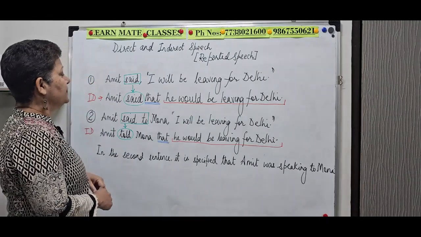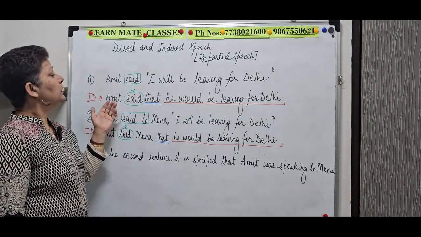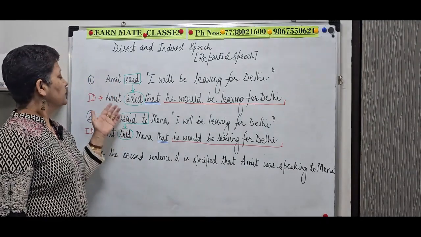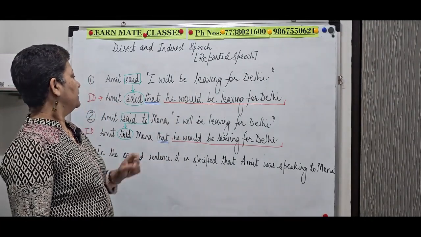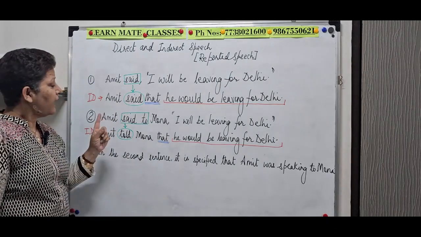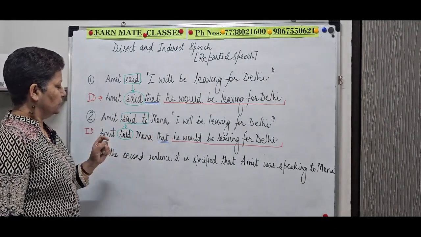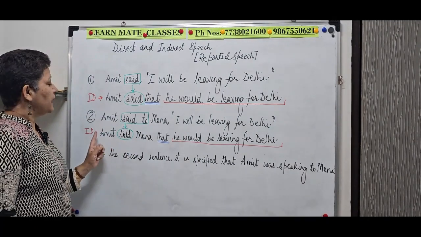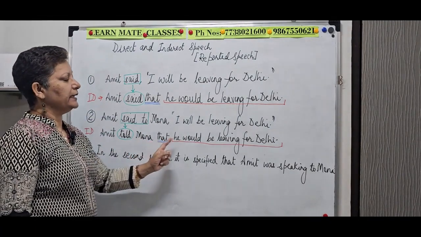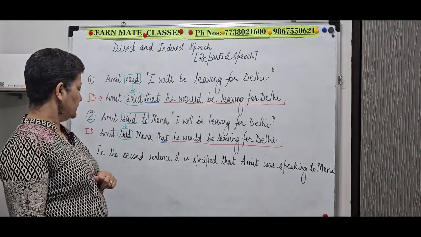In the first sentence, since I don't know who he was speaking to, said will remain said. So Amit said that he would be leaving for Delhi, right? In the second sentence, I know that he was speaking to Mona. So rather than saying said to Mona, I will say Amit told Mona that he would be leaving for Delhi.